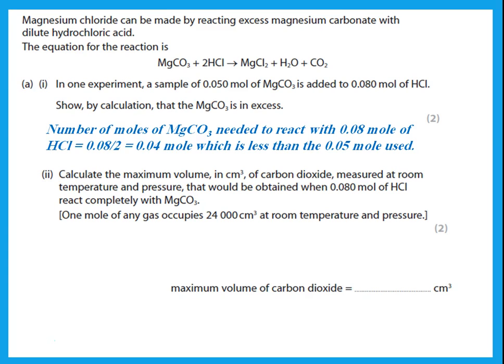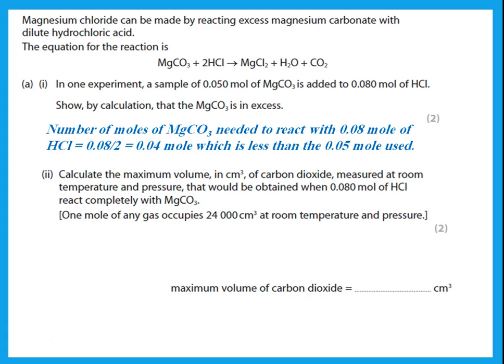Calculate the maximum volume in centimeter cubed of carbon dioxide measured at room temperature and pressure that will be obtained when 0.08 mole of HCl reacts completely with magnesium carbonate. So I'm going to relate my carbon dioxide to the number of moles of HCl, not magnesium carbonate, because magnesium carbonate is in excess.